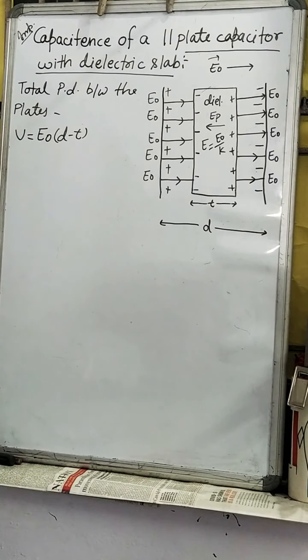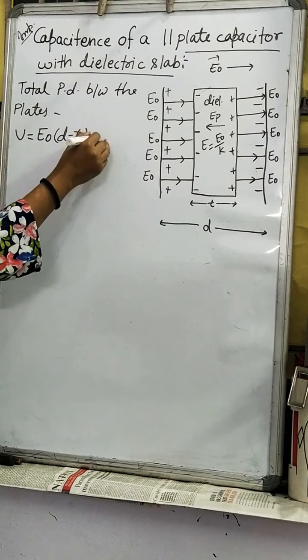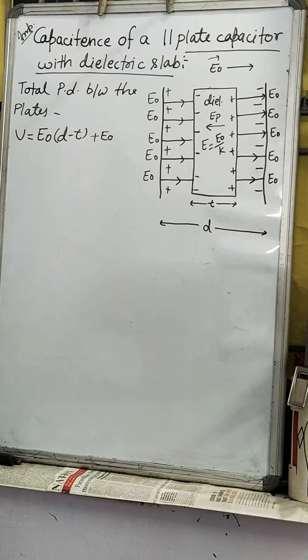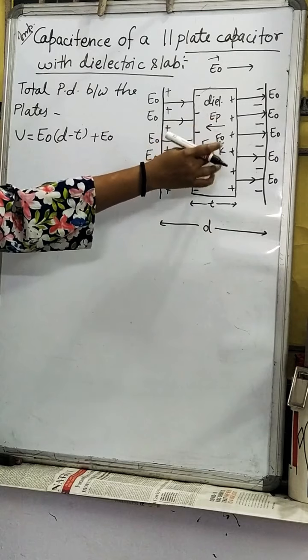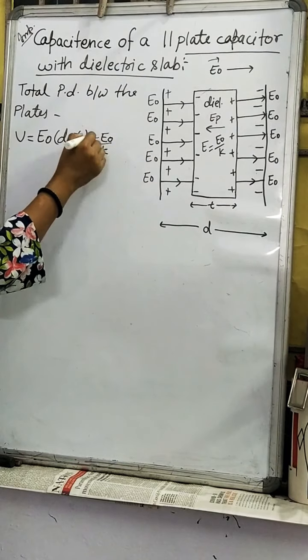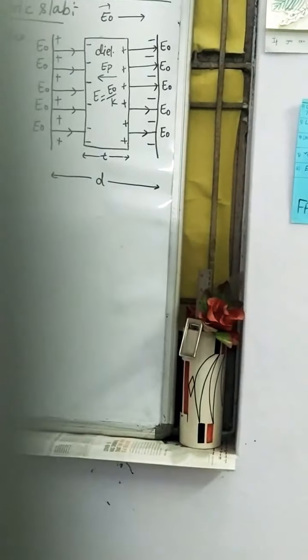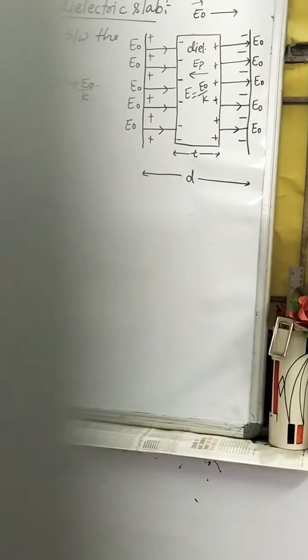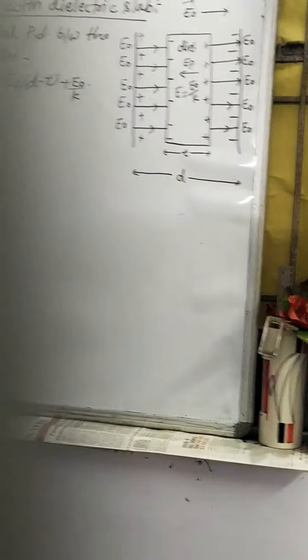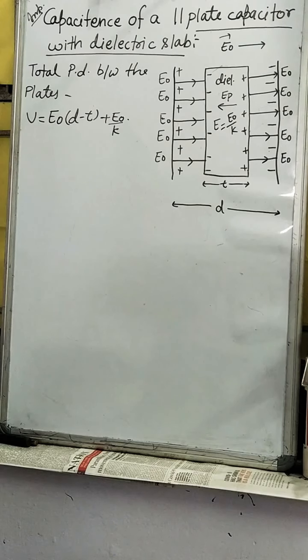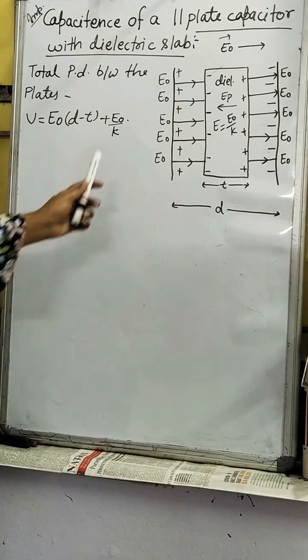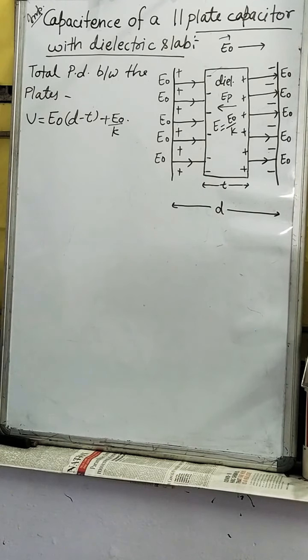The second potential is because of the slab, which is plus E naught upon K, because E equals E naught upon K due to the dielectric constant, times t, the thickness of the slab, so E times t.